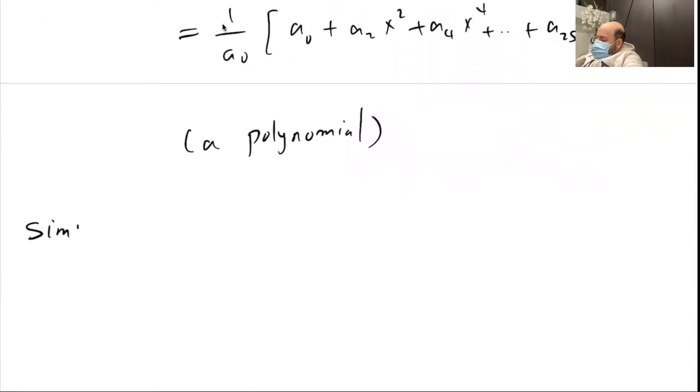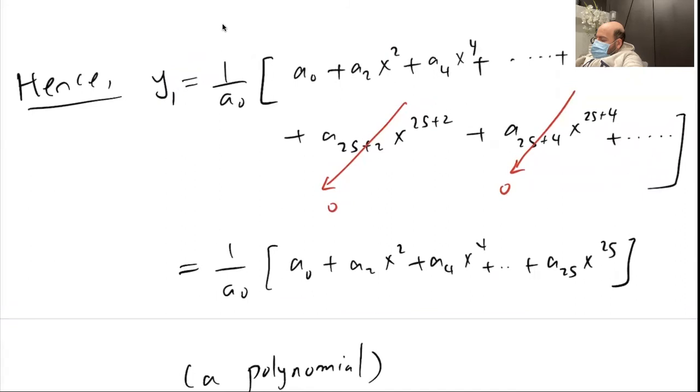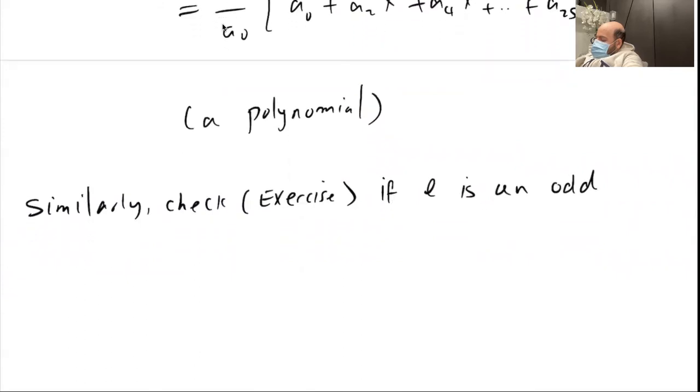Similarly, you can check as an exercise that if L is an odd integer, then y2 is a polynomial.